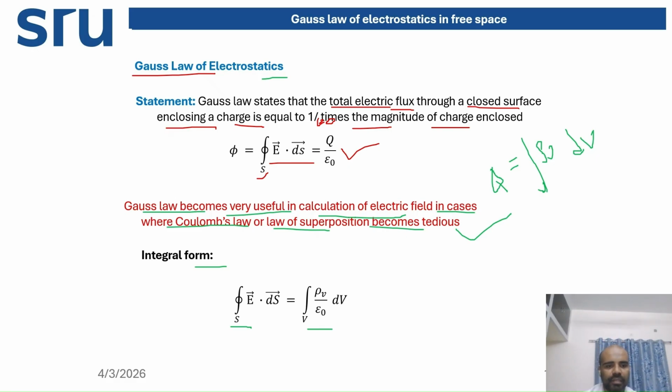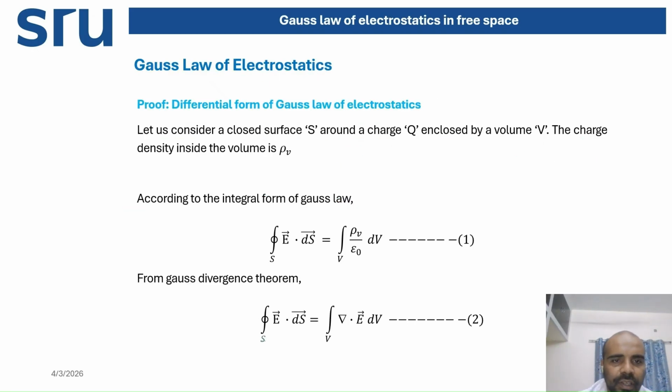Now move to the next slide. Let us consider a closed surface S around the charge q enclosed by a volume V. Then the charge density inside the volume is rho v.